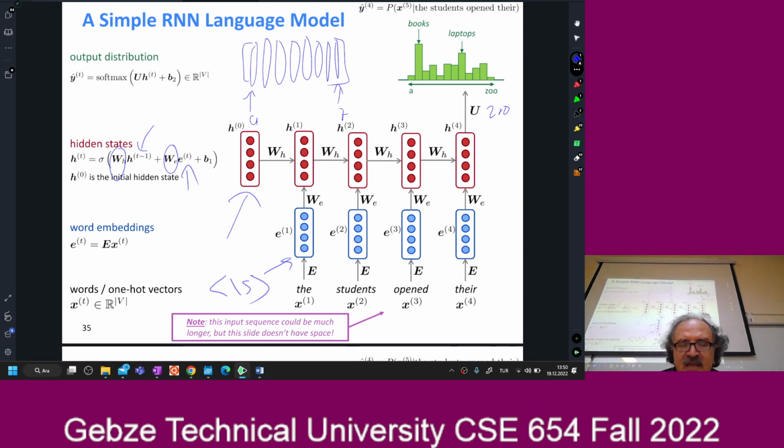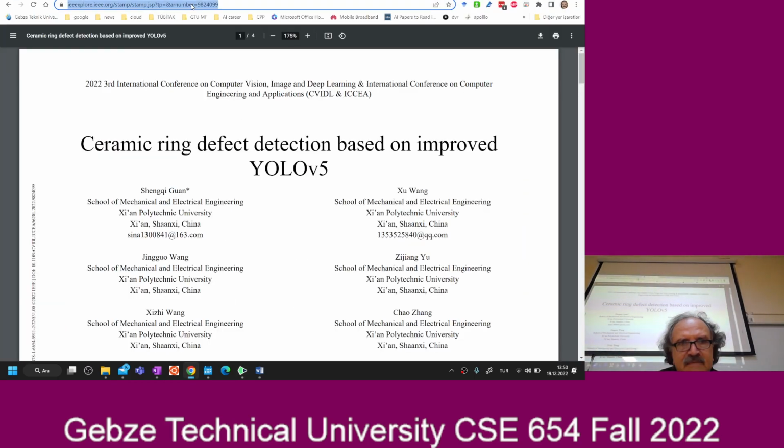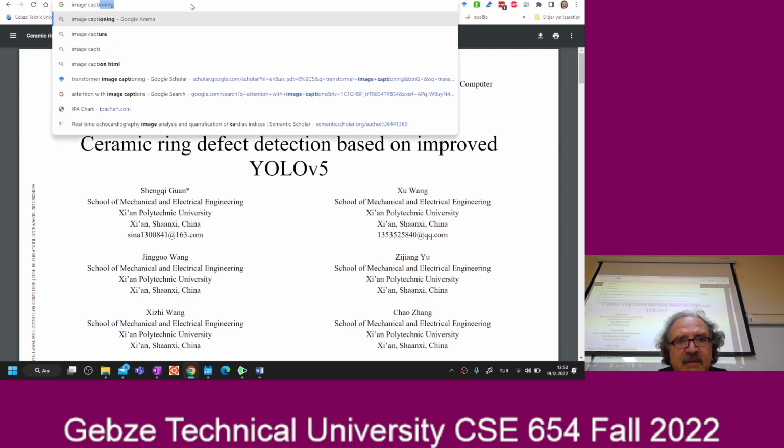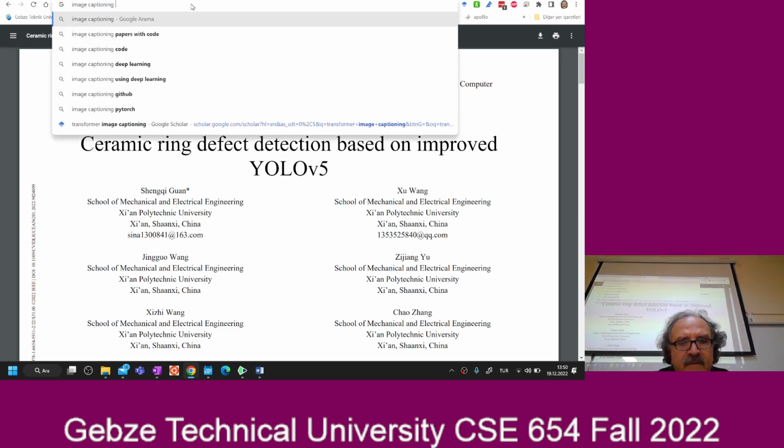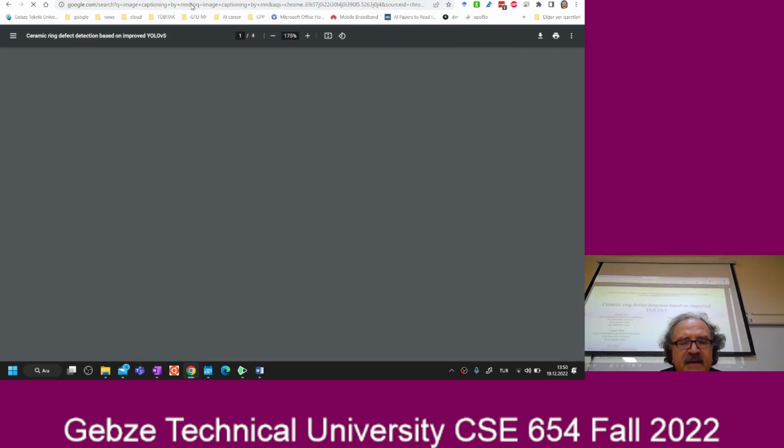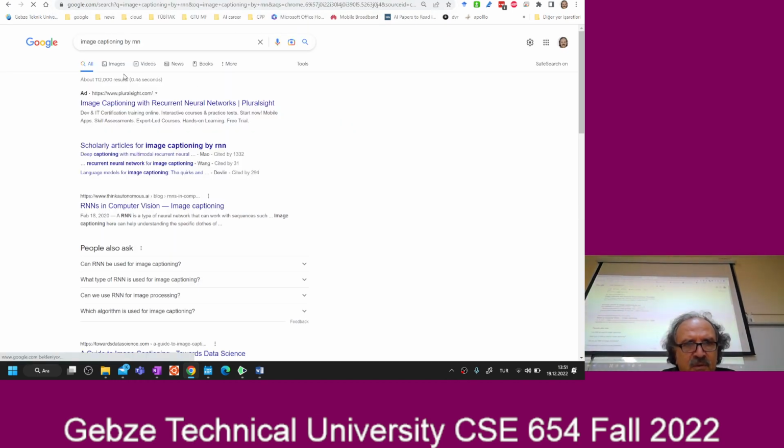And in fact, this part is so convenient. Maybe I don't have it on these slides, but I am going to show you this. Image captioning by RNN. People do this.